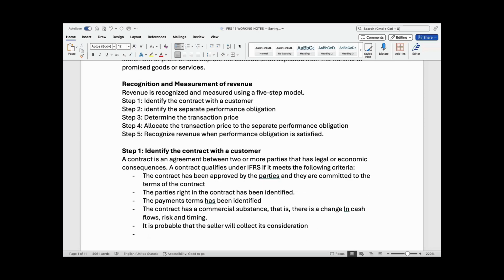And a bonus point is that the contract can either be in writing, orally, or in line with any other customary practices in that nation. Okay. So a contract is an agreement between two or more parties that has legal or economic consequences.